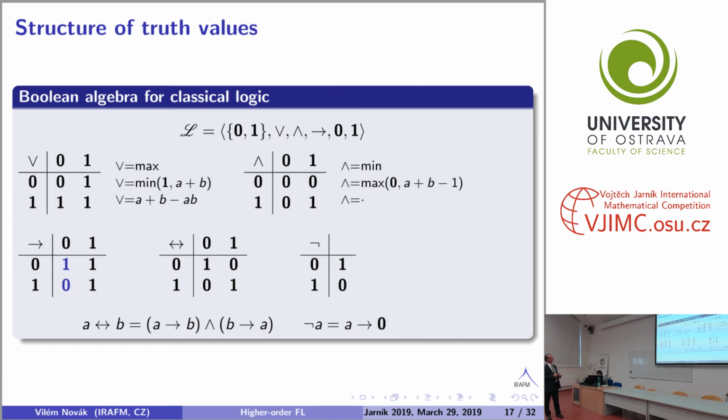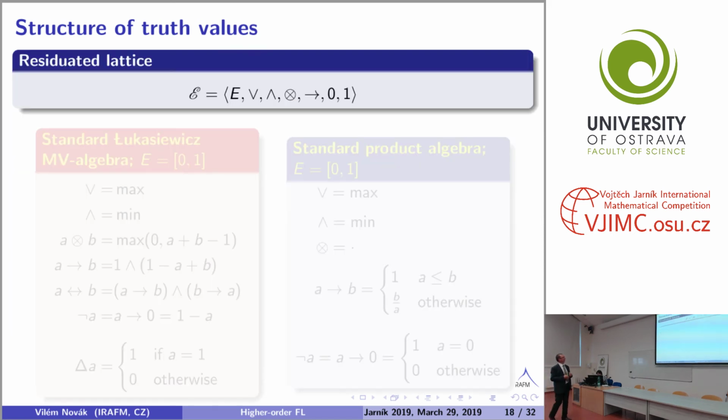I think everybody knows these tables, but notice these formulas. This disjunction can be obtained by any of these three operations, the same thing here. Similarly for conjunction, using any of these three operations, we obtain this truth table. Equivalence and negation, I think it doesn't need to be explained.